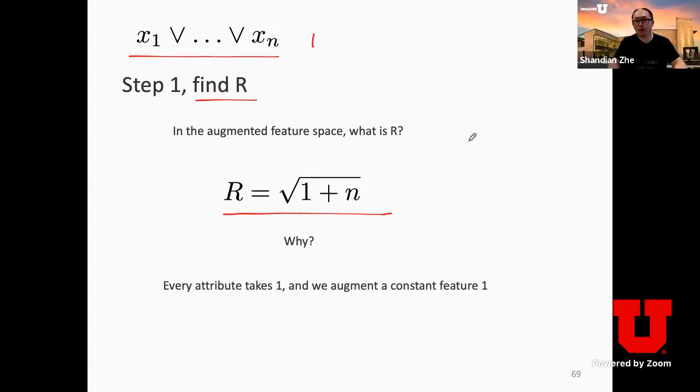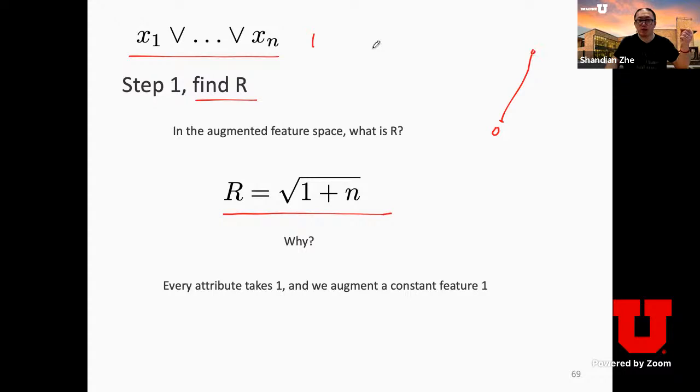Yes, exactly. I just want to supplement one sentence. R represents the maximum length of the input vectors. The maximum length comes from the farthest point from the origin. In the n+1 dimensional space, which point is the farthest from the origin?